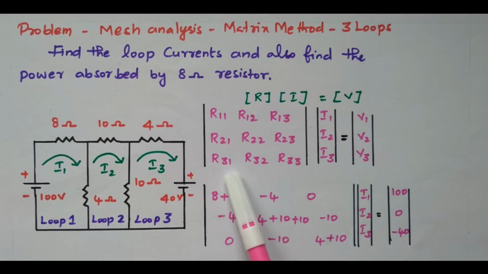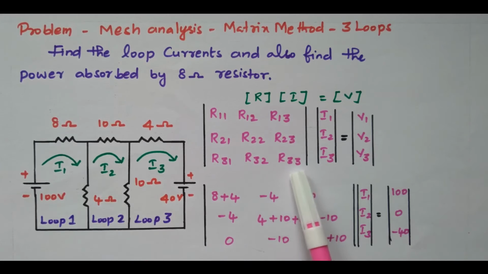Then R31, third loop and first loop, we already discussed. R13 is similar to R31. There is no common terminal between third and first loop, so 0. Then R32 is similar to R23, the resistance between second and third loop. So it is 10 ohm, minus 10.